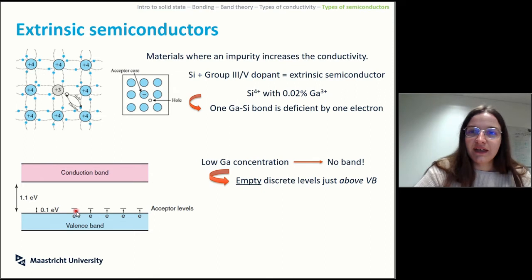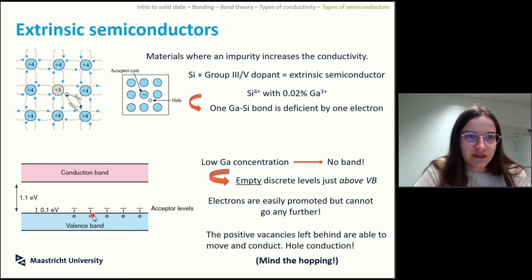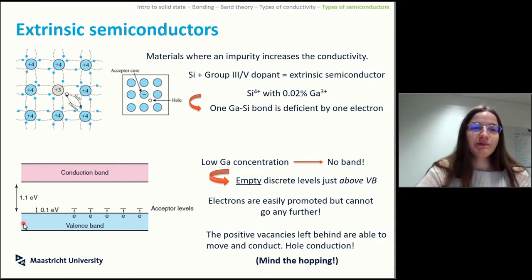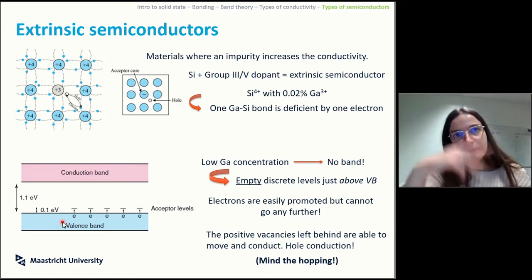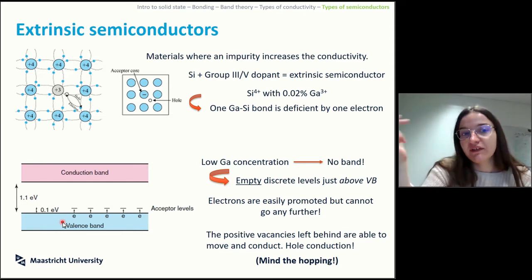They need to be above in energy. This means that the gap here is super tiny. Like it's almost non-existent. Instead, you're here with 1.1 electron volt. This is an order of magnitude lower. So any energy, any vibration will just pop one of the electrons from the valence band into what are called the acceptor levels.